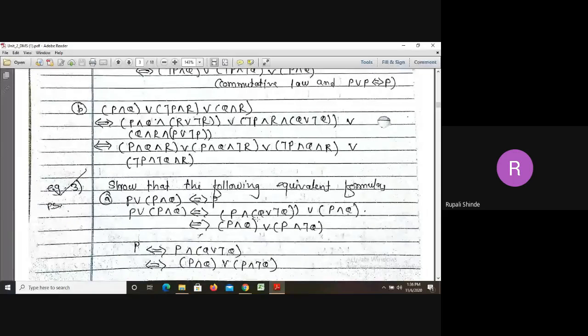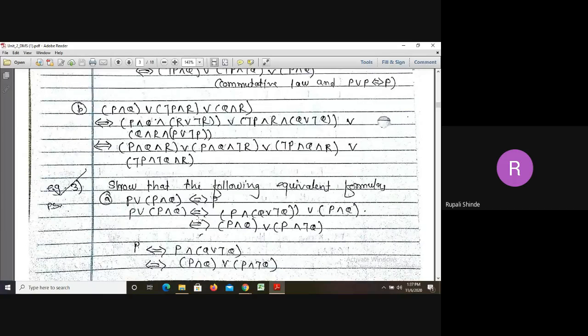Now, for this first one, we have to apply the distributive law as (P and Q) or (P and negation Q). So again, (P and Q) or (P and Q). This becomes P and Q only. So, the final answer is (P and Q) or (P and negation Q). So, this is the answer for LHS.